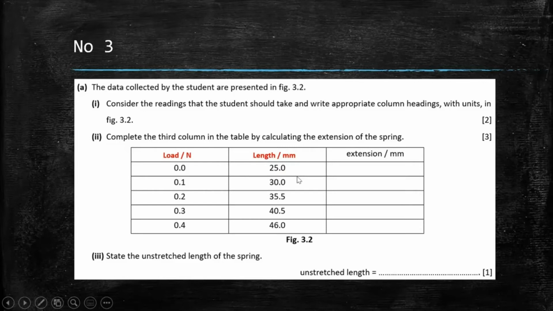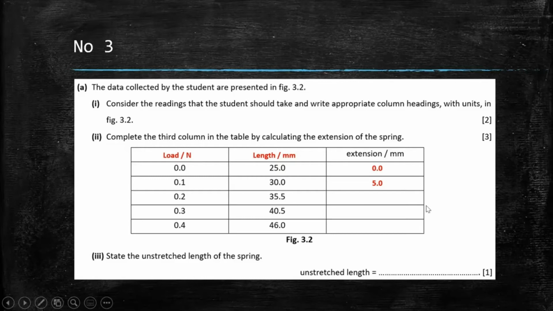Now let's fill in the extension of the spring one by one. The first row is 0. Why? Because 25 minus 25 is 0. Second row is 30 minus 25, which is 5 mm. The third row, 35.5 minus 25.